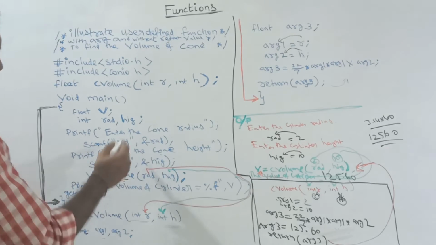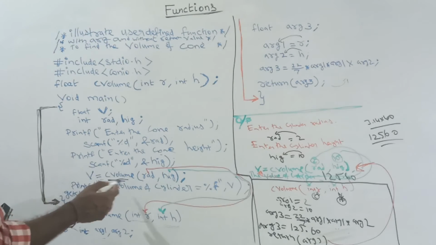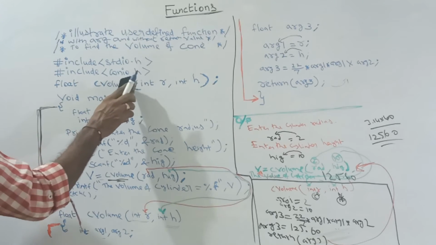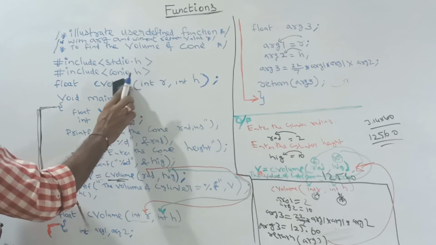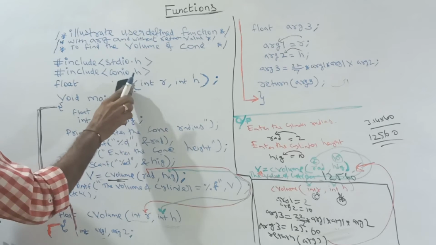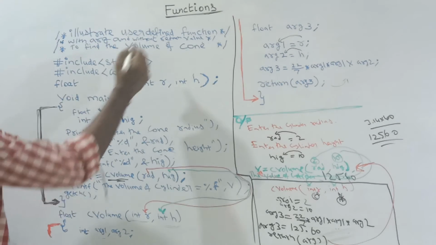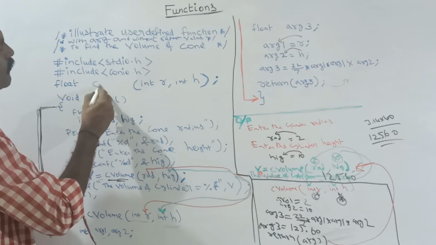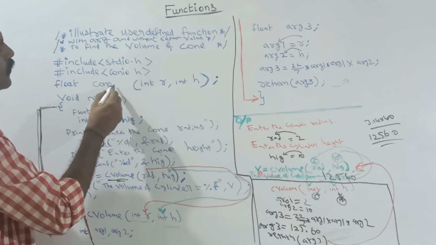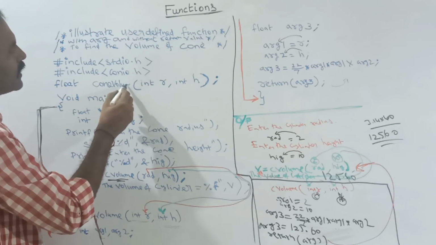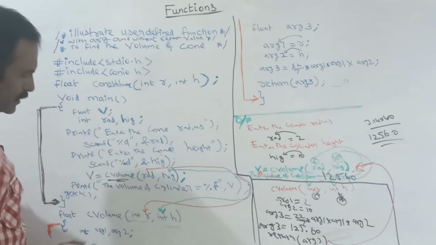Cone height, here we are passing. Here let us assume this function name is for finding the volume of the cone. Here I am declaring the function as cone volume. The function name is cone volume.